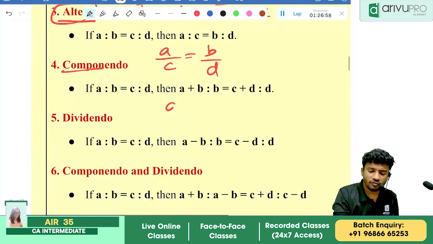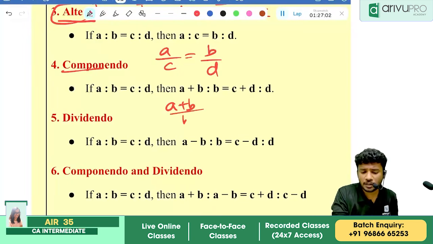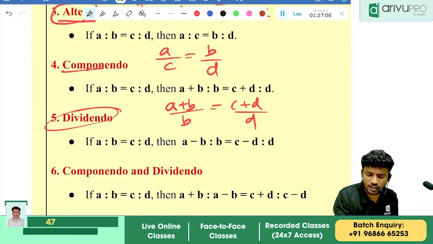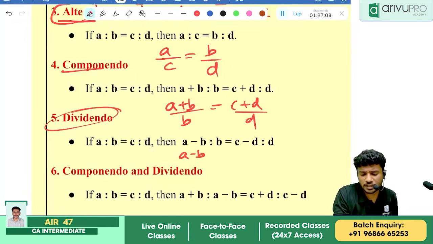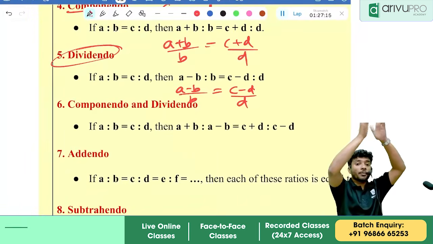Then componendo. Componendo is very easy. When A by B is equal to C by D, we will write A plus B by B is equal to C plus D by D. Then dividendo is also there. That is nothing but A minus B by B is equal to C minus D by D. Then we combine both, componendo and dividendo.